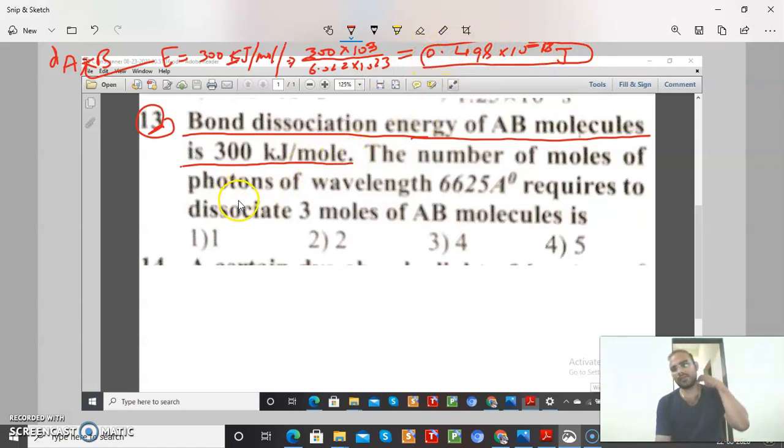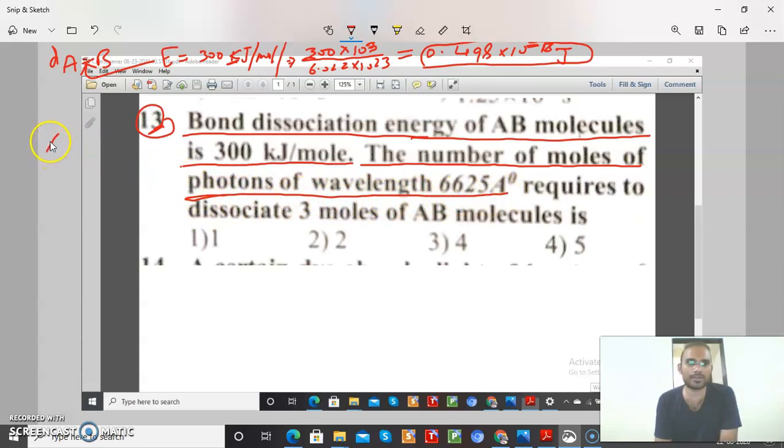Now student, what we know: they are asking the number of moles of photon, and the wavelength they have given. Lambda is given as 6625 angstrom.